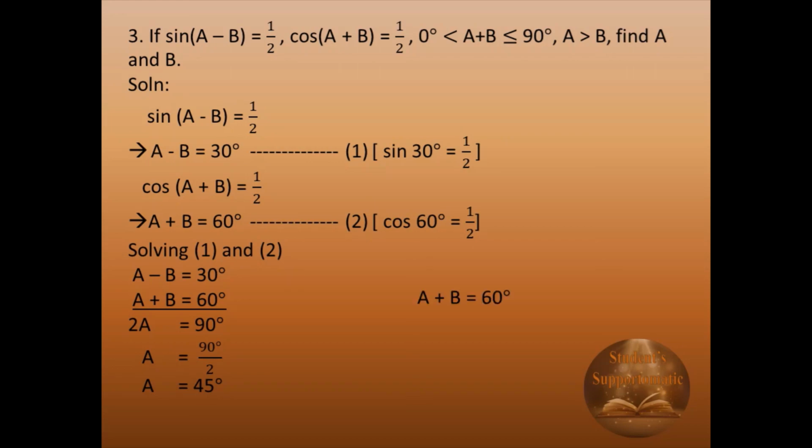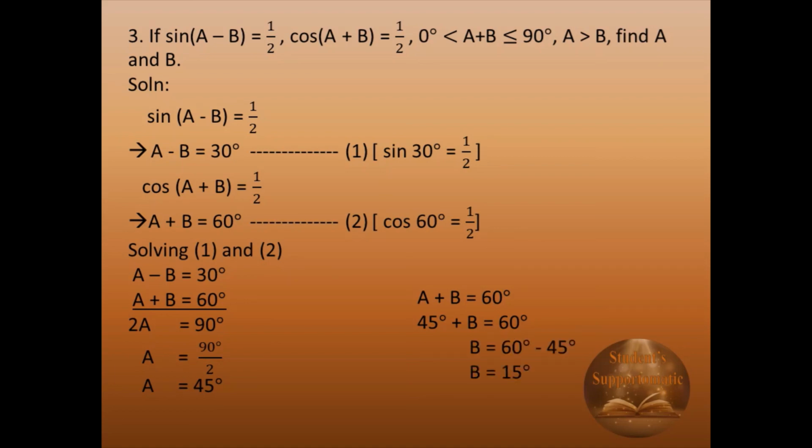Now A plus B is equal to 60 degree. We can consider either equation 1 or equation 2, any one equation. Here I considered equation number 2. A plus B is equal to 60 degree. Here we know the value of A, so substituting, 45 degree plus B is equal to 60 degree.